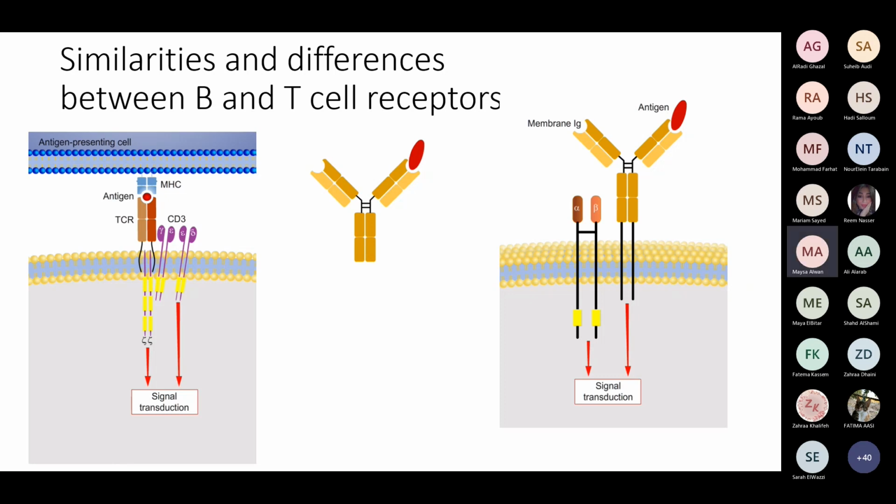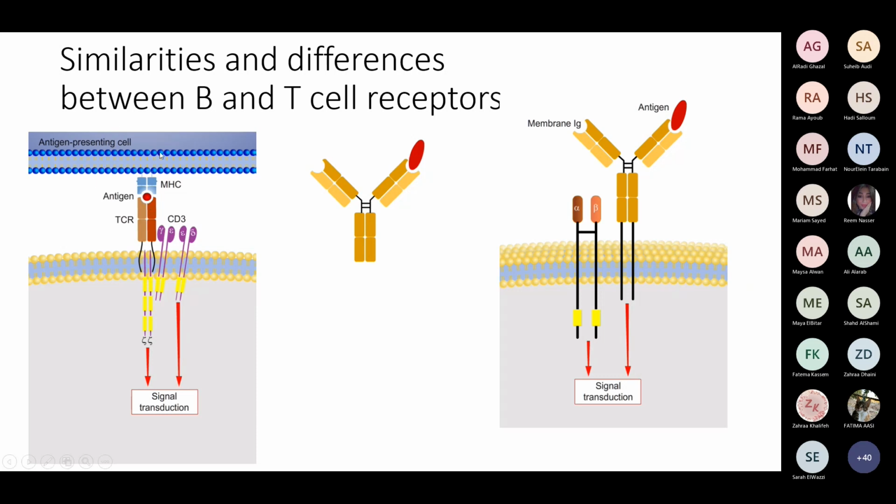Both also have disulfide bridges. Yes, they have chains: two different chains for the T cell receptor, while we have 4 chains for the immunoglobulin, the structure of the B cell receptor. Both of them don't have intracellular signaling motifs, to be more precise. So they both need co-receptors.